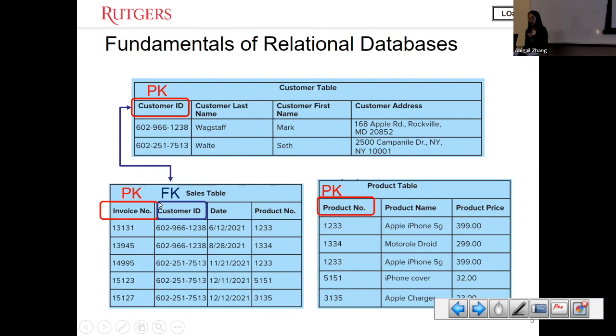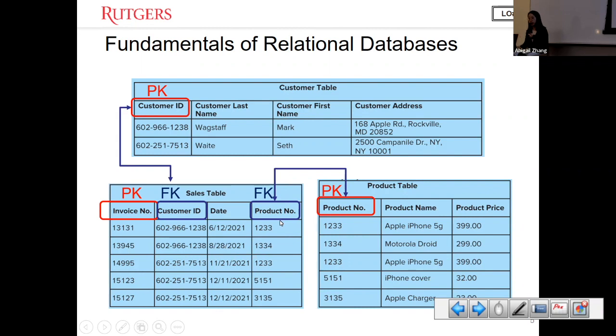And now, the customer ID, which is the primary key for the customer table, is a foreign key in the sales table that links these two tables together. So are there other foreign keys in the sales table? Yeah, product number in the product table. So now the product number is a primary key in the product table, but it's a foreign key in the sales table, right?